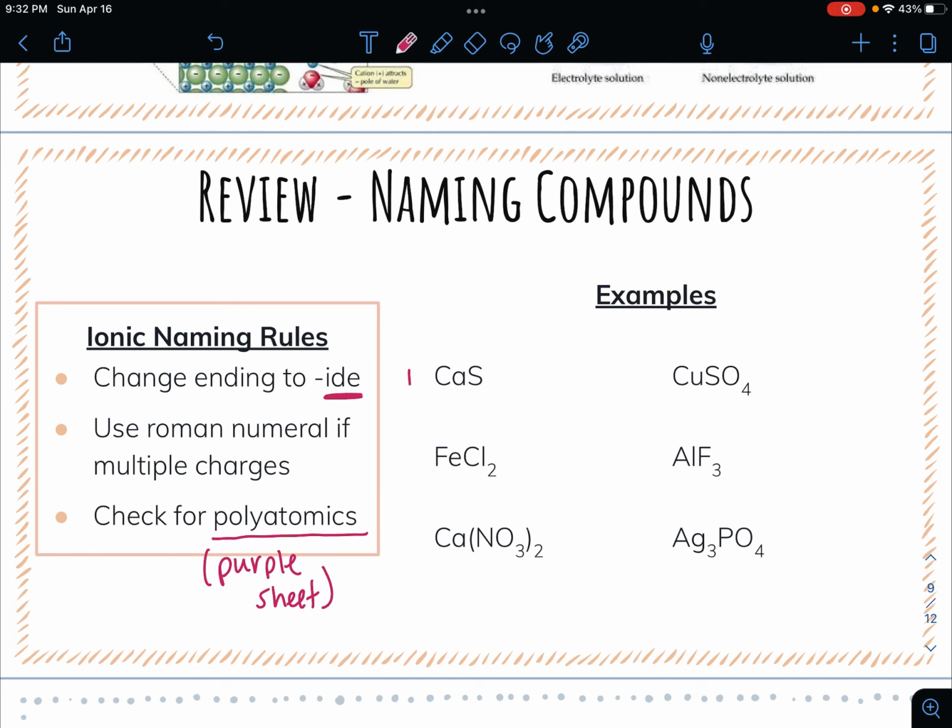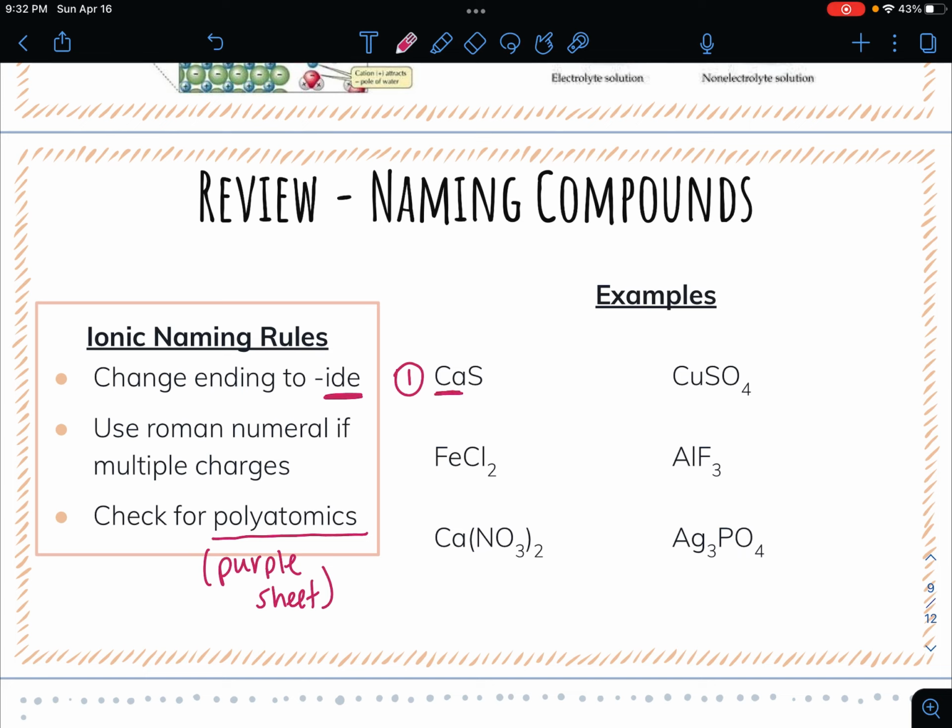I'm just going to number them here. So for number 1, feel free to write these down in your notes somewhere, or get out a piece of paper to write this down if this is something that you need to review. Okay, so let's name the first thing.